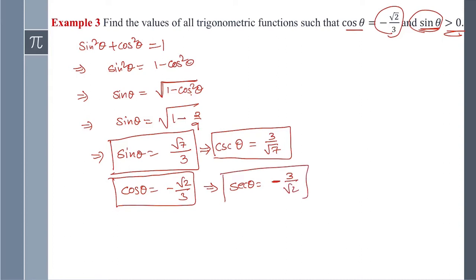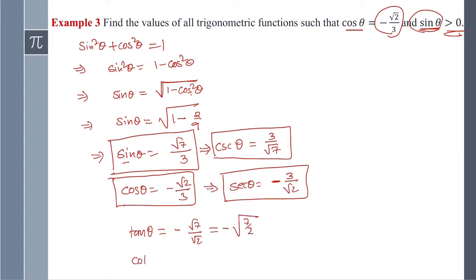Now to find tangent, it's just sine over cosine, so we use the quotient identity. Tangent is this divided by that, which gives us negative square root of 7 over square root of 2, or we can put these together and write negative square root of 7 over 2.